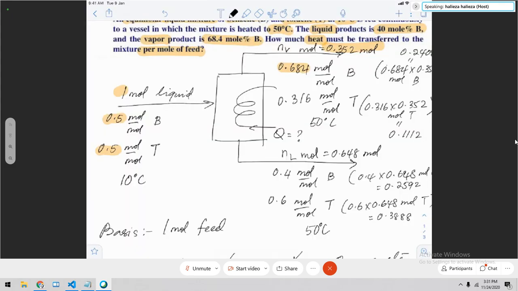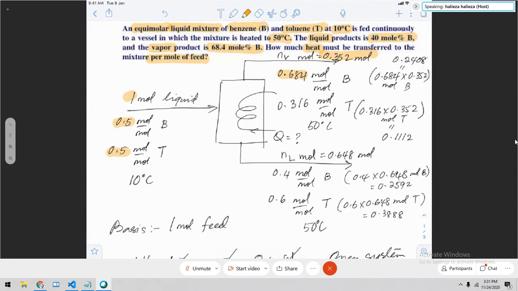Okay. What I did just now, let me show you guys. What I did just now is I calculated the amount of benzene in that flow rate at the top. I get the total flow rate, multiply it with the corresponding mole fraction, so I will get that value.